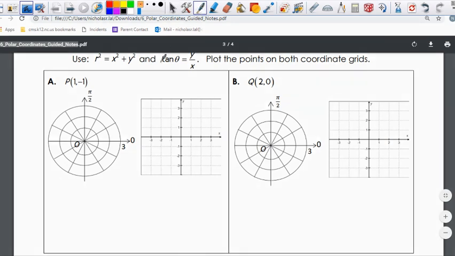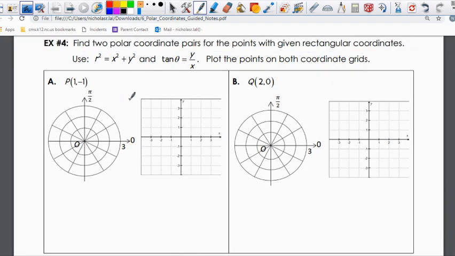We're going to use r squared is equal to x squared plus y squared, and the tangent of theta is equal to y over x. So if r squared equals x squared plus y squared, then r is equal to the square root of x squared plus y squared.